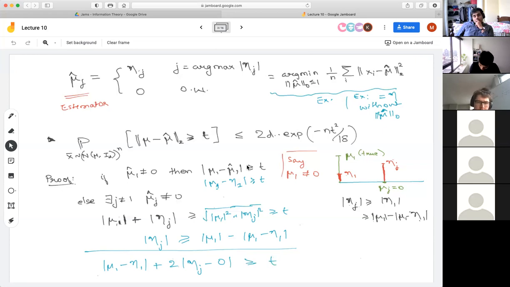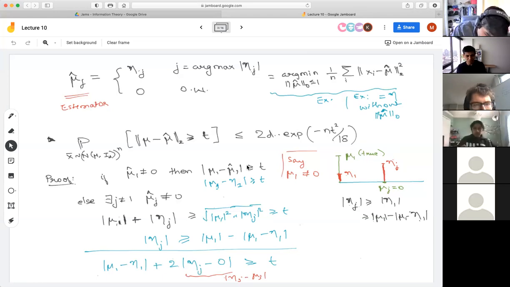Eta j minus 0 is the same as eta j minus mu j, because we are assuming that the only non-zero coordinate in mu was the first one. So you have a sum of two numbers, a plus 2 times b, greater than or equal to t. So at least one of these things must be bigger than t over 3.